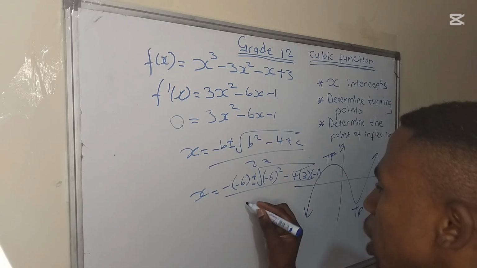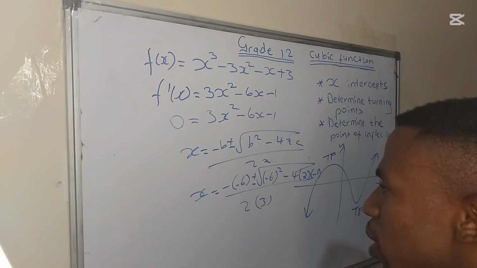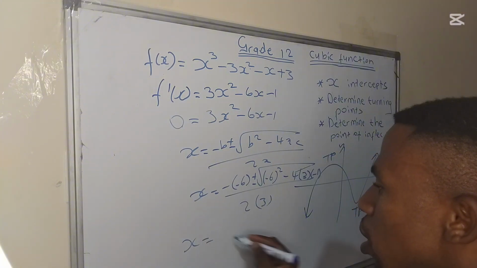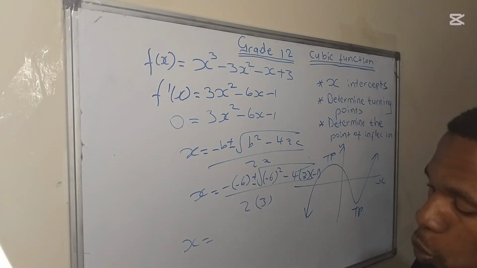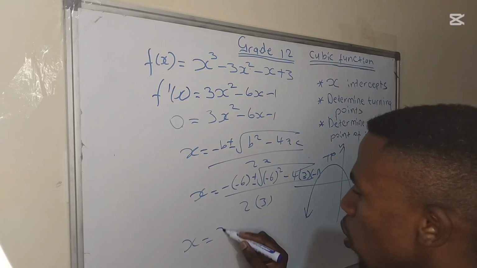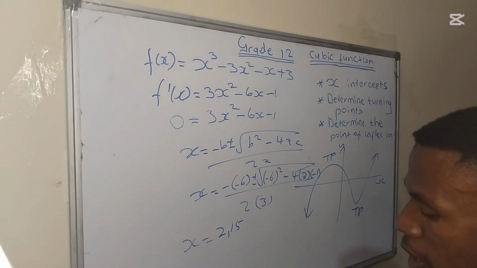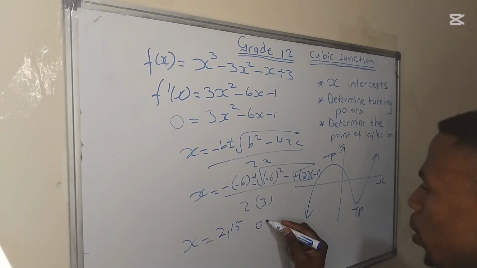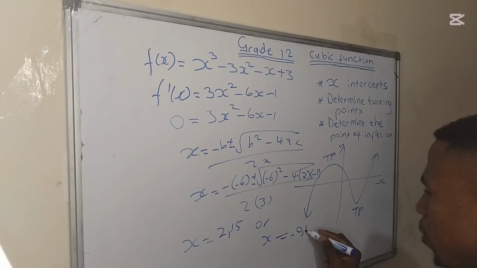Then all divided by 2, a, our a is 3. Then what is the simplification of this? Just punch this equation and our x is equal to 2.15. Then what about for the negative x-axis? Our x is equal to negative 0.15.